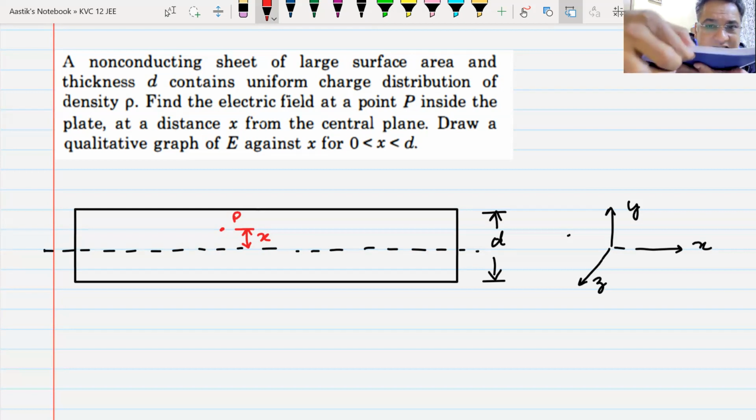It has a thickness D. So you can take a Gaussian surface like this. This is your Gaussian surface. Sheet-type Gaussian surface you can take. Try and work it out. I'll give you 2 minutes.